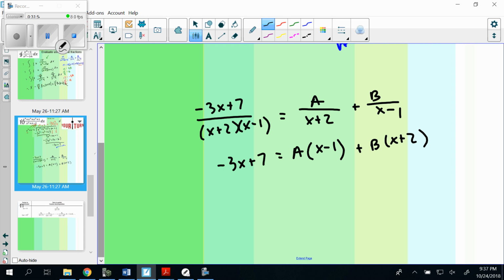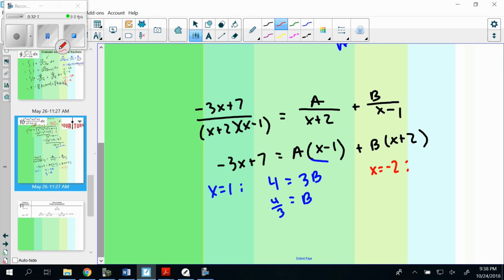Okay, so now think about the two numbers here. One number would be at x equals 1. If we plugged 1 in everywhere, the left side would be 4. This term's gone. Our other one would be 3b. And so b is 4/3. The other number we'd want to use is negative 2.